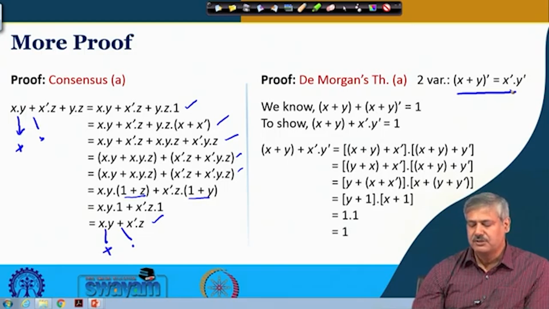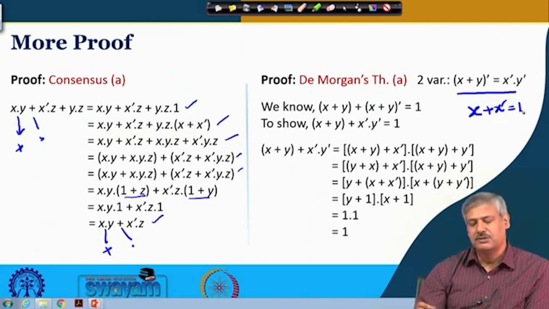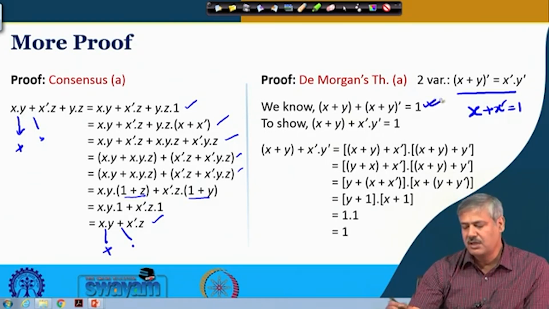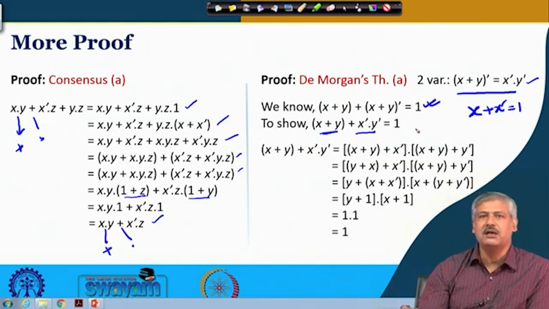Okay. So we already know that from the complementarity, the basic complementarity x plus x prime is equal to 1. So x plus y as a whole you can consider as x. So this is already known, right. And if we can prove that x plus y and x prime dot and with y prime, this one that we seek to prove, is equal to 1, then we can rest our case. Okay.